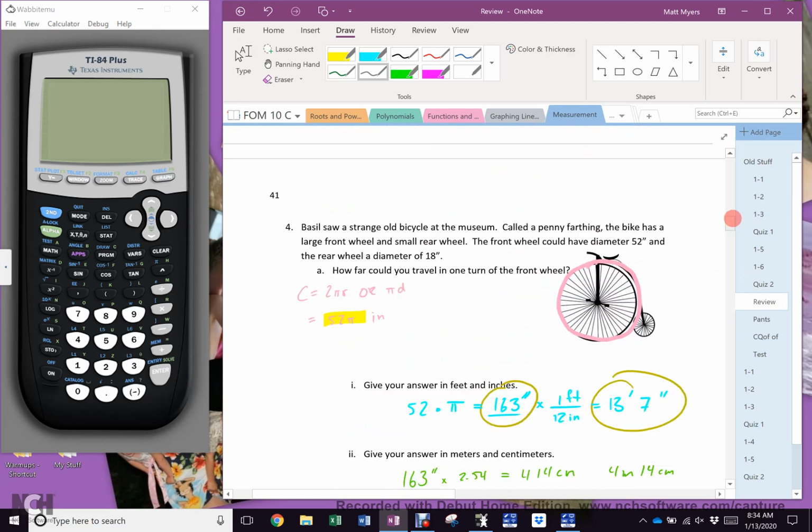And then we had the bike wheels. The front wheel circumference is pi times the diameter. So the circumference is 52 pi inches. 52 times pi is 163 inches. I want that in feet and inches, so I divide by 12, and I got 13 feet, 7 inches.